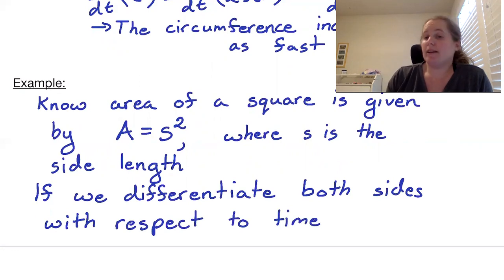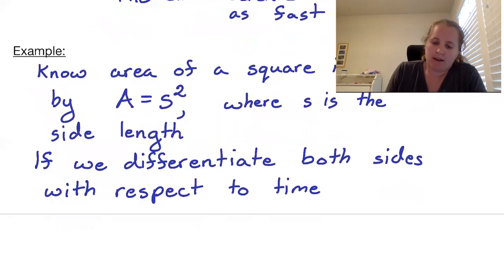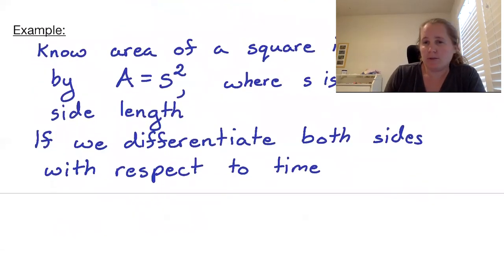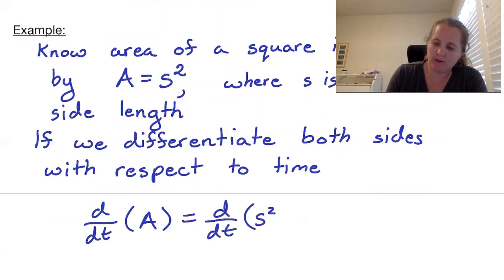So imagine that area and side length are both functions in terms of time. We can differentiate with respect to time. And with the chain rule, essentially we're doing implicit differentiation. We have the derivative with respect to time of A is equal to the derivative with respect to time of S squared.